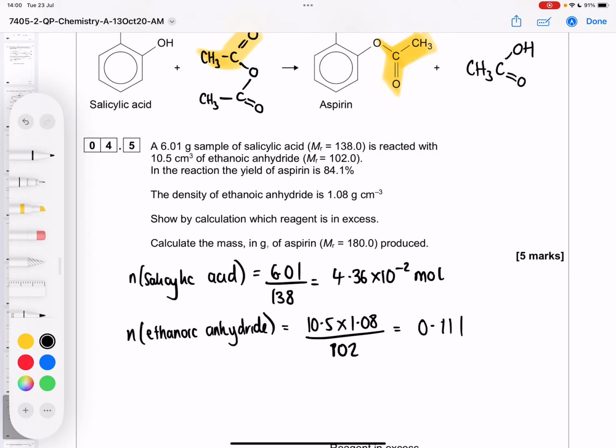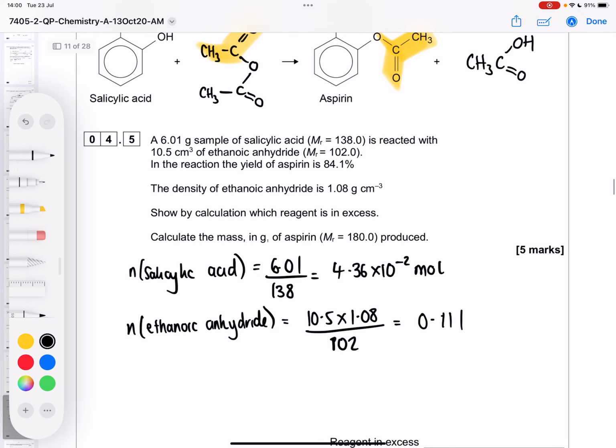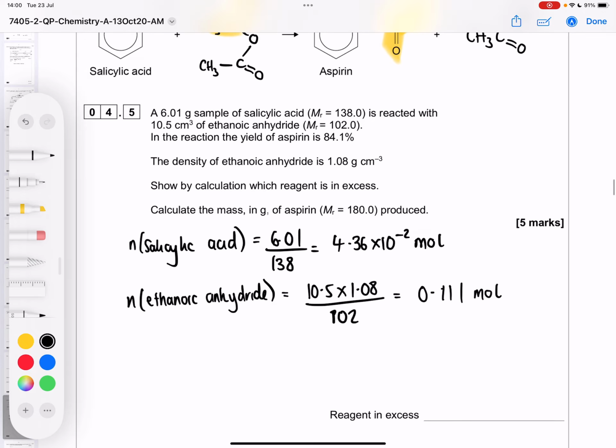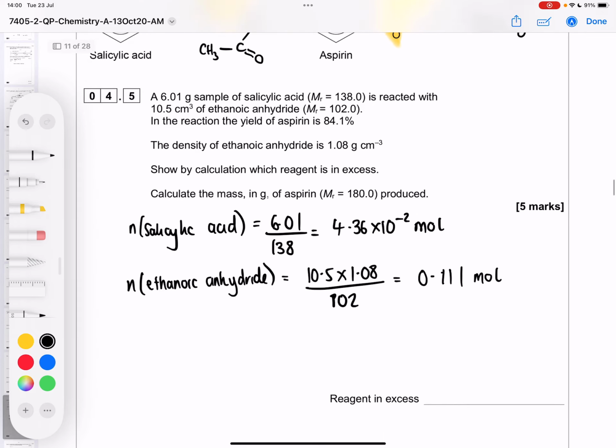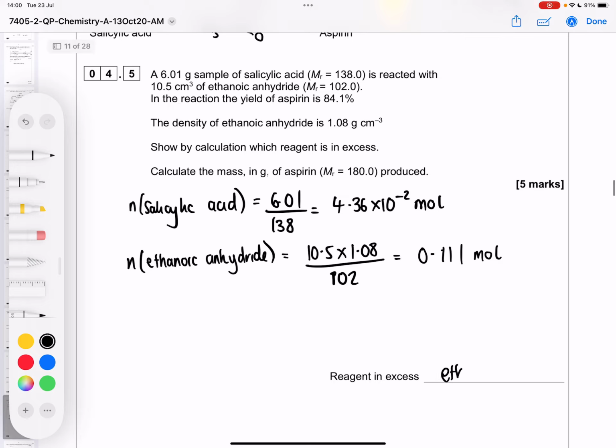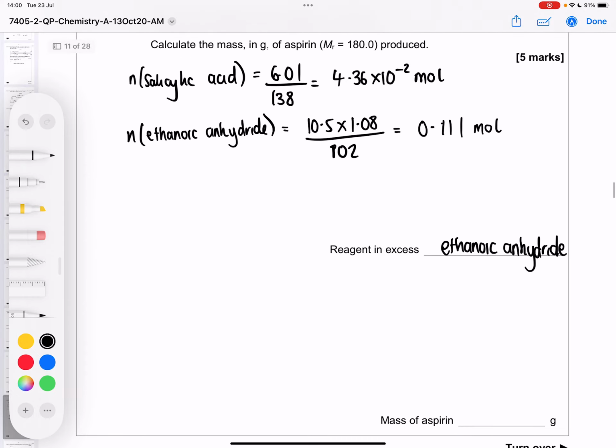Let's just check that on your calculator. 0.111 moles. So we can see that the reagent in excess is ethanoic anhydride, which is what you would expect in an experiment like this. And we know that because 0.111 is bigger than 4.36 times 10 to the minus 2.